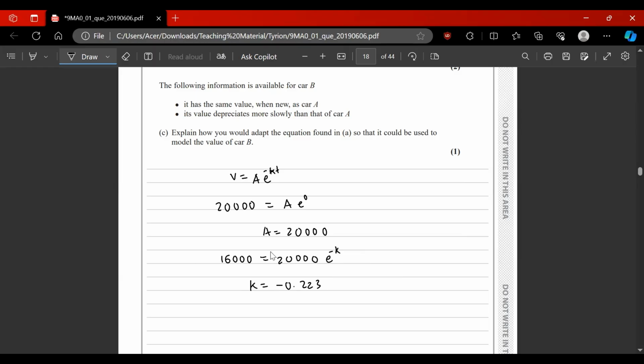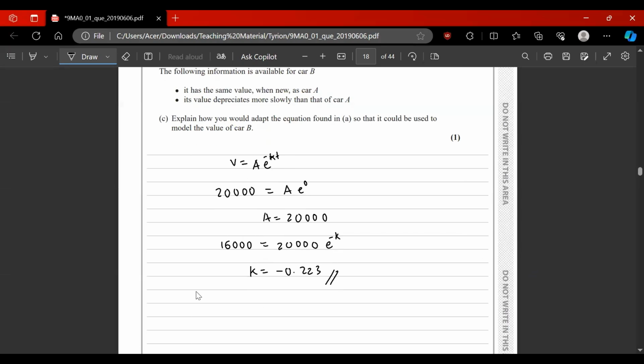You can divide both sides by 20,000 and then take the logarithm. Therefore, the model will be V is equal to 20,000 e to the power minus 0.223t. This is my final answer.